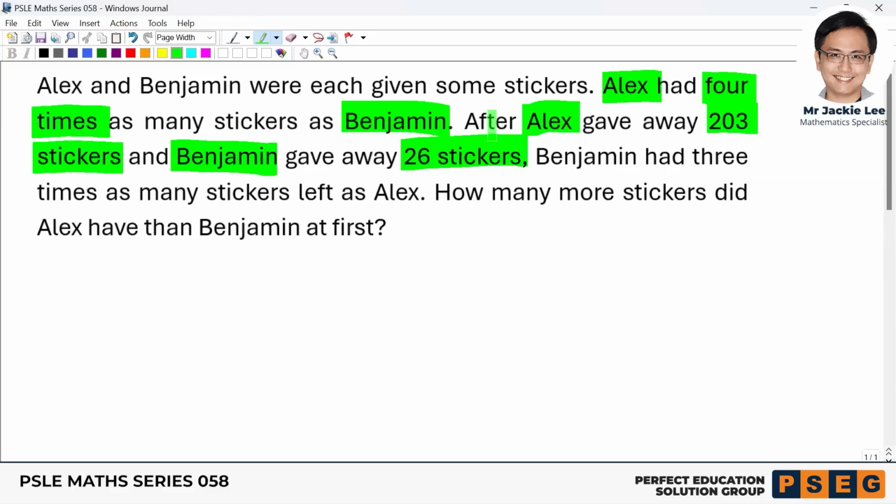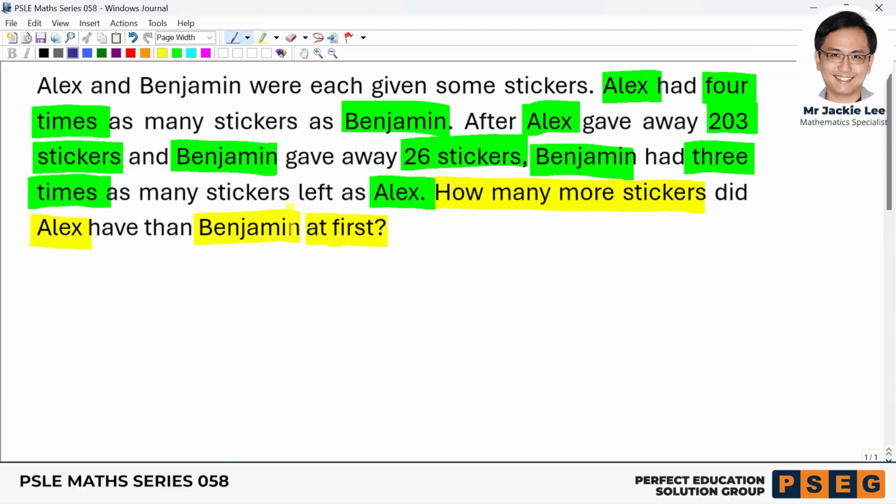At the end of the day, Benjamin has more stickers: Benjamin now has 3 times as many as Alex. The question is asking how many more stickers Alex had than Benjamin at first.